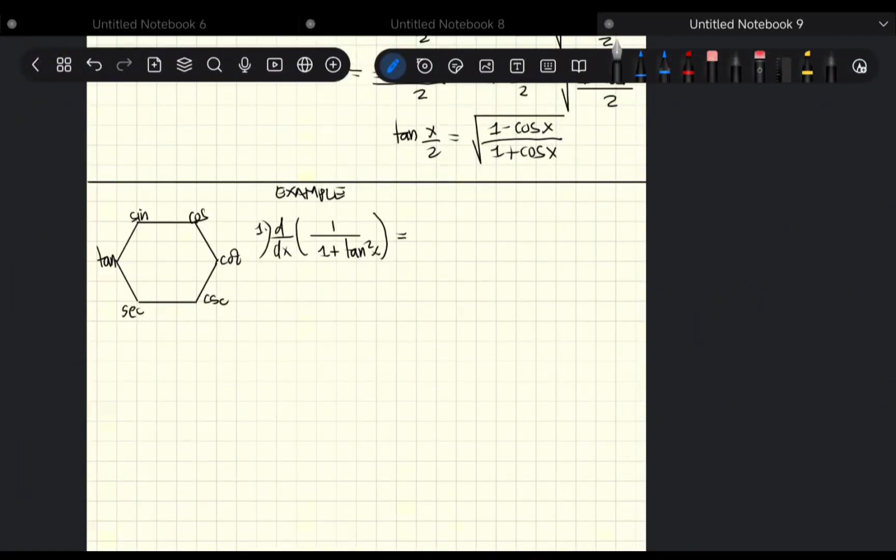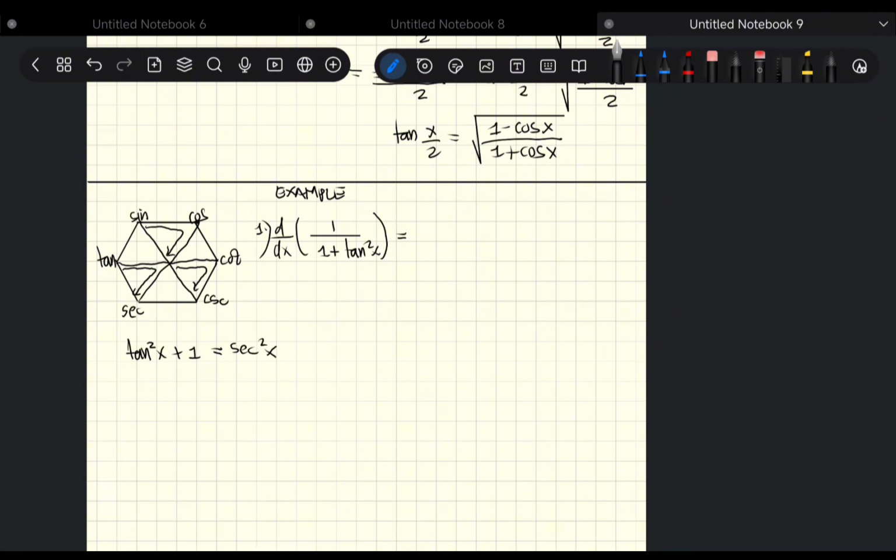Example, the derivative of 1 over 1 plus tan squared x. Remember our hexagon, we have tan squared x plus 1 is equal to secant squared x.